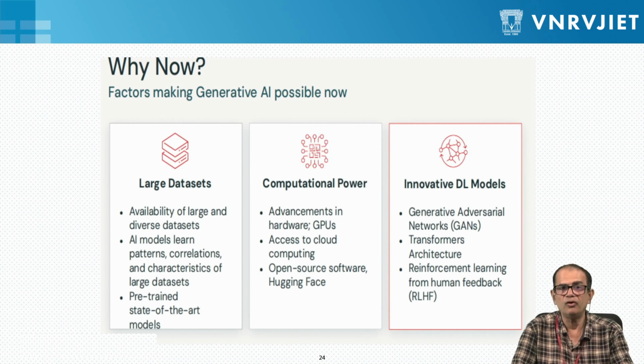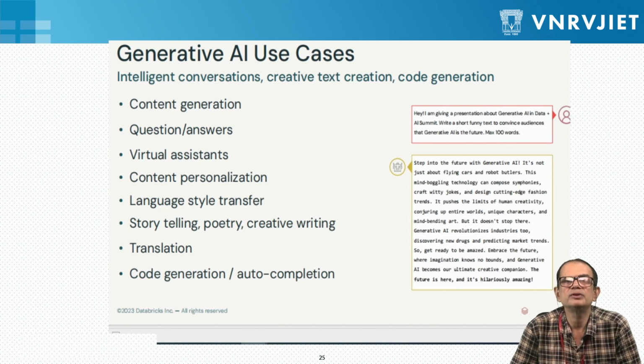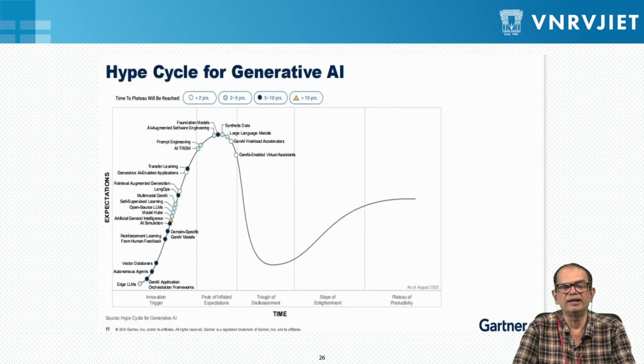That's why we go for generative AI. Now, some of the use cases that we want to talk about are Q&A, question and answer, virtual assistants, language style, and translation from one language to the other, and all these things we can do via the use of generative AI.